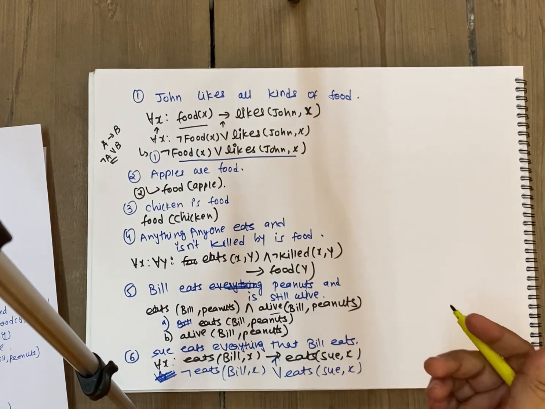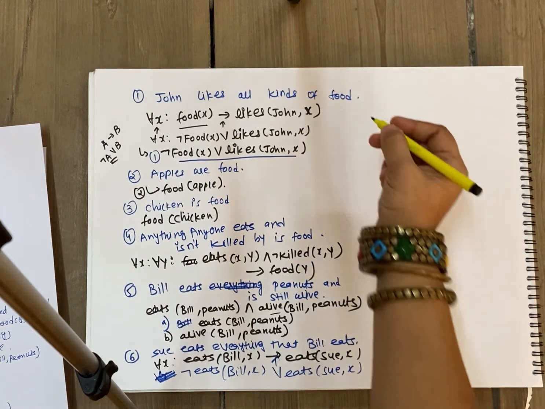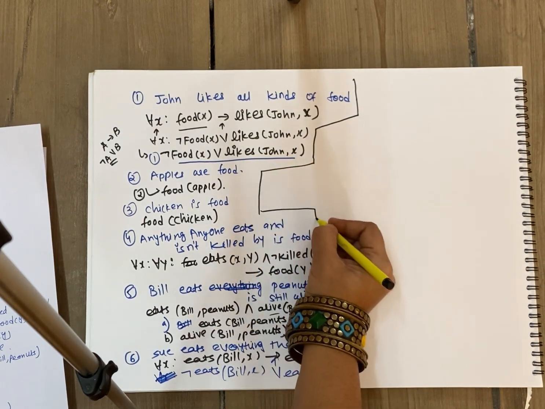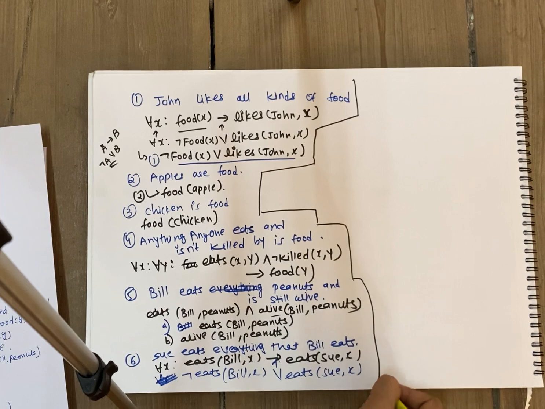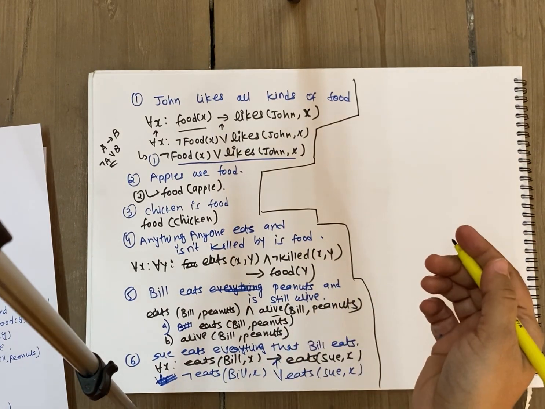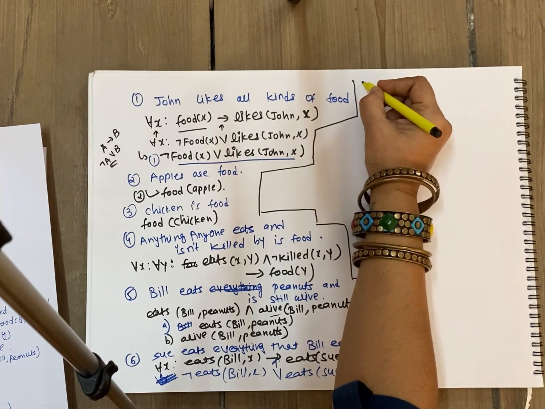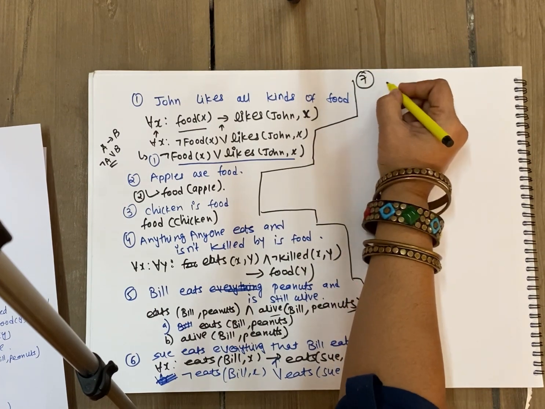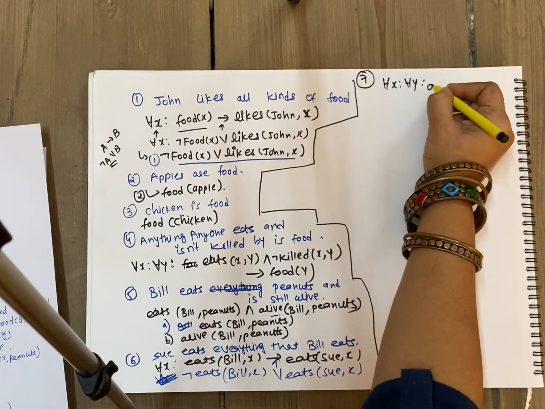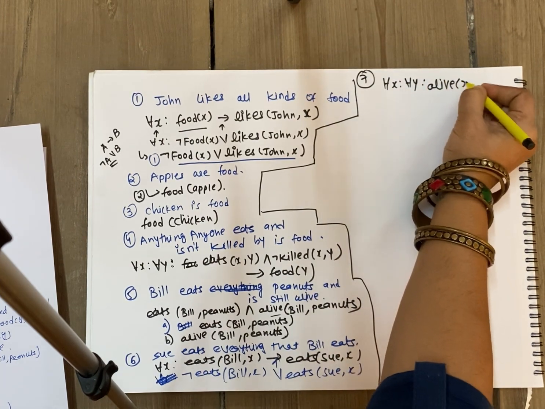Now there is something which is inherent, which is not given in the facts, that is the relationship between alive and dead. As a human we understand that alive means not dead and dead means not alive, but that needs to be added over here as a fact. So I have to additionally add a fact which says for all x, for all y, alive x, comma, y implies not killed x, comma, y.